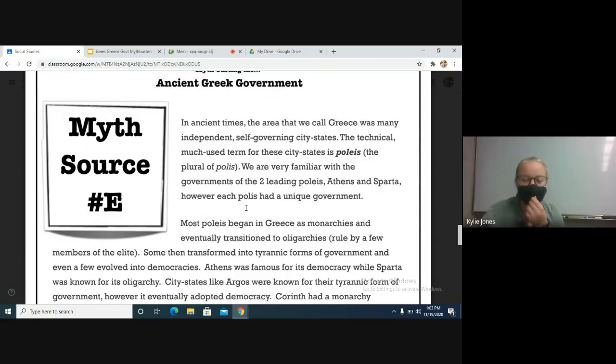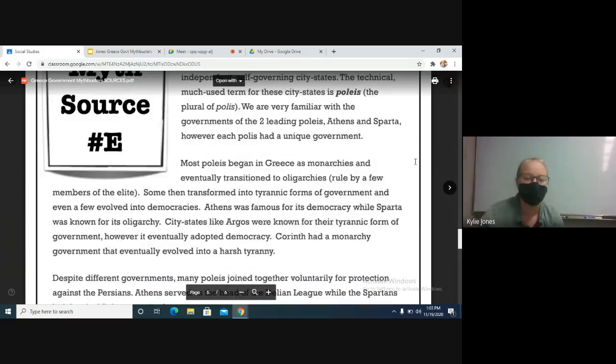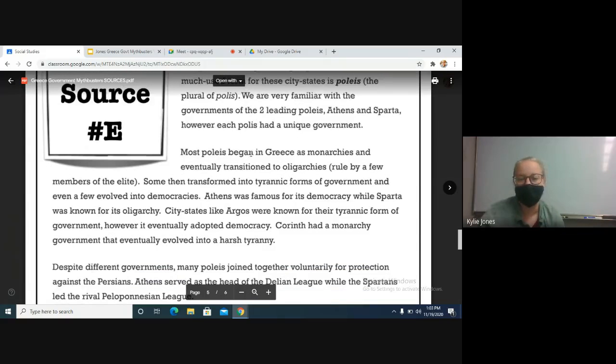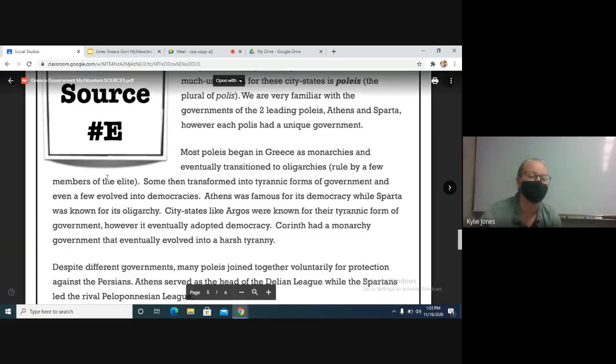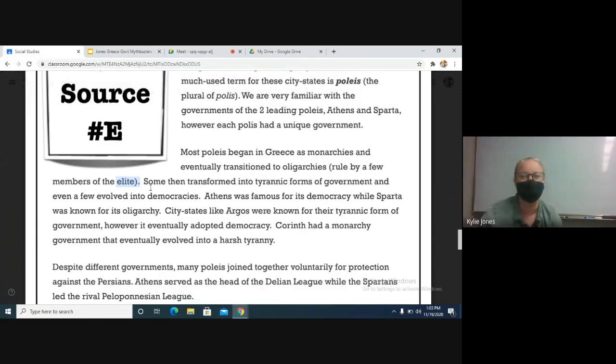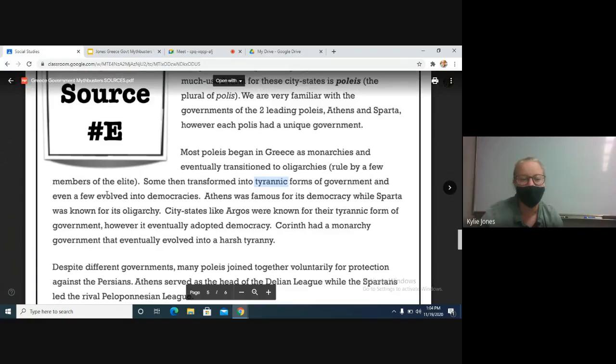However, each polis had a very unique government. Most polis began in Greece as monarchies and eventually transitioned into oligarchies, which were ruled by a few members of the elites. And the elite are like the wealthy, high-class people. Some were then transformed into tyrannic forms of government, and even a few evolved into democracies.